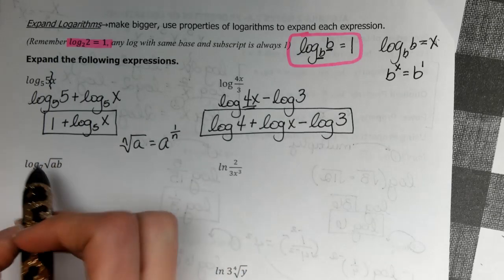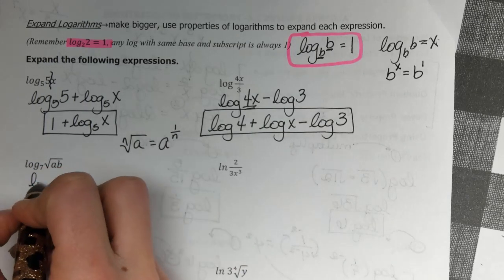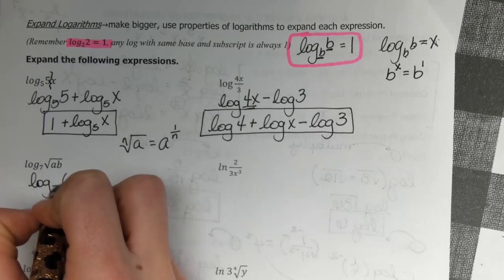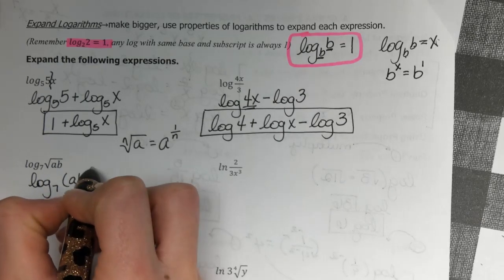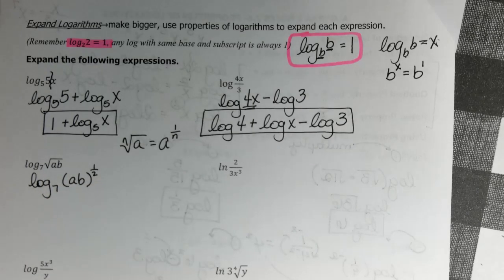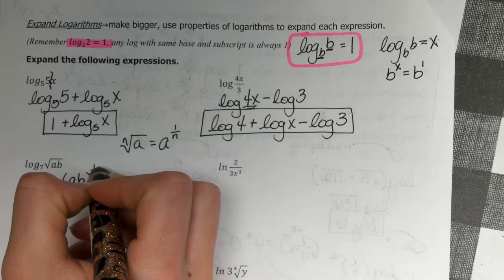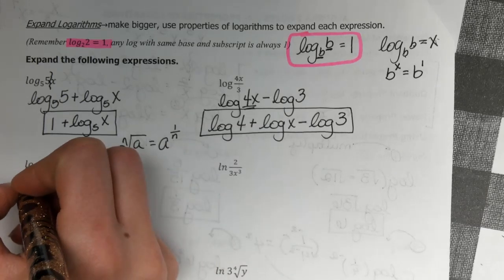Okay, so this square root of ab can be rewritten as log base 7 of ab all raised to the 1/2. But that ab is together. Okay, so I can do one of two things. I can distribute that 1/2 to both a and b and then separate, or I can move this exponent forward.